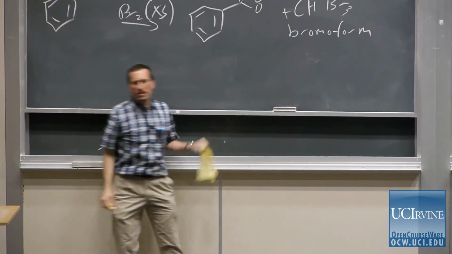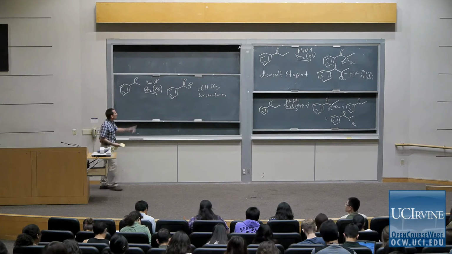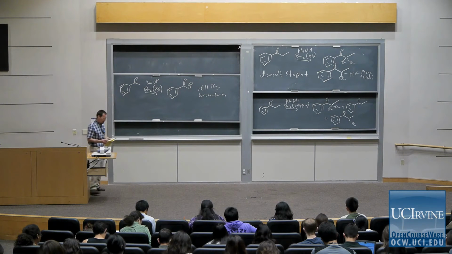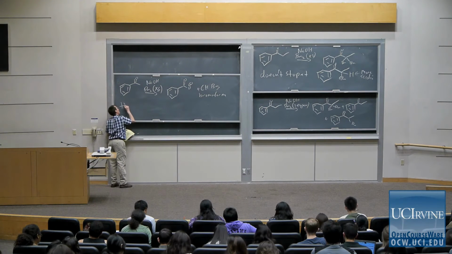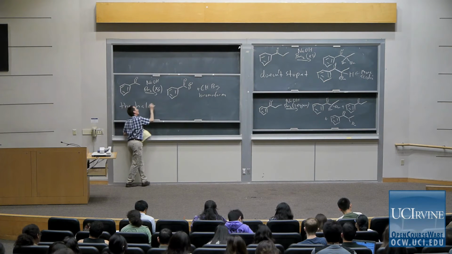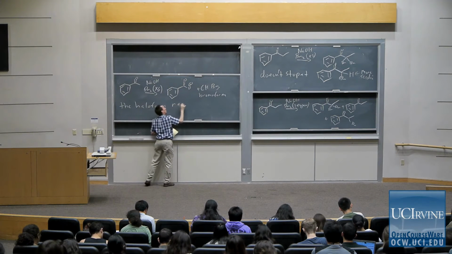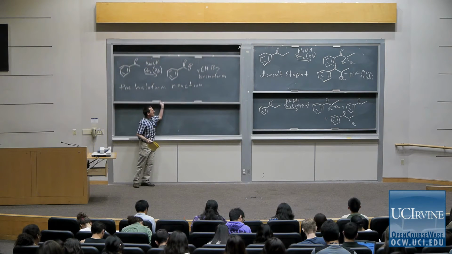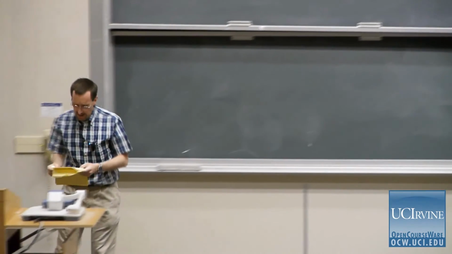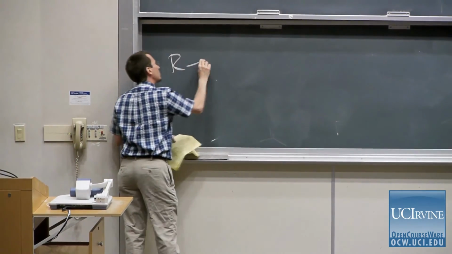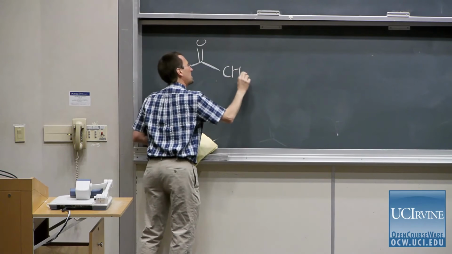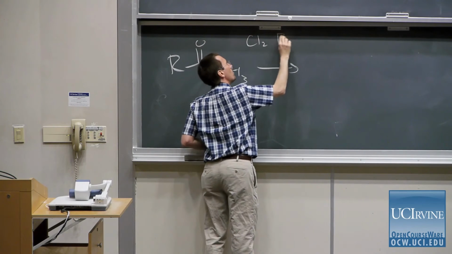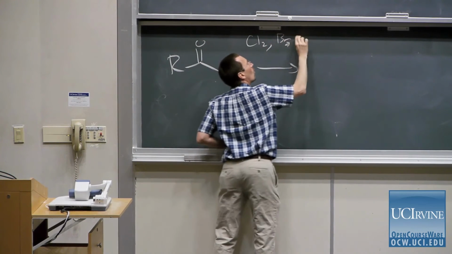And this reaction is general. It works with all 3 of the main halogens, chlorine, bromine, and iodine, all the important ones. And so this is called the haloform reaction. So in other words, it's general for methyl ketones, so I can write this in general terms of a methyl ketone drawn generically with Cl2, Br2, or I2.